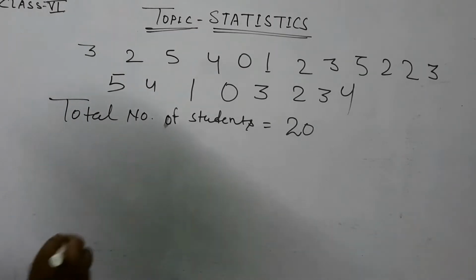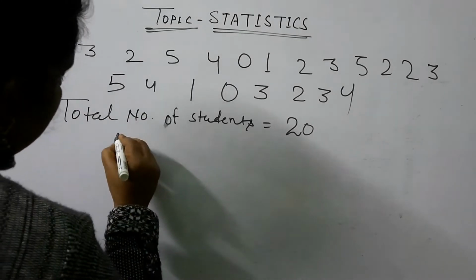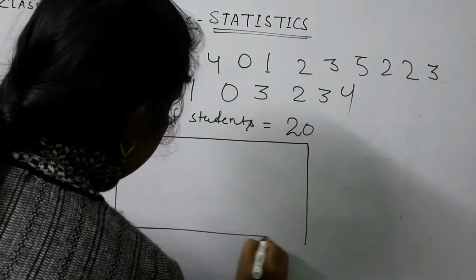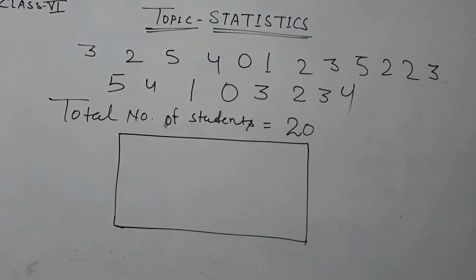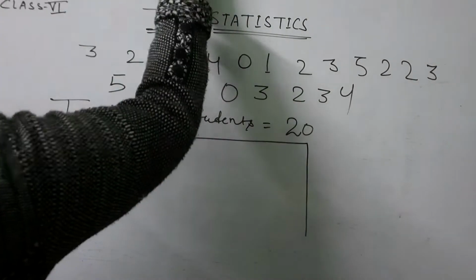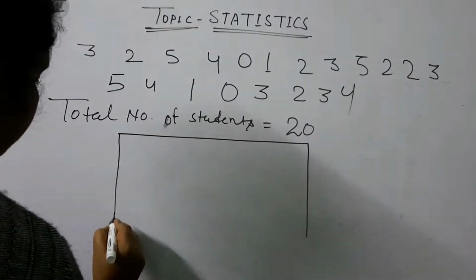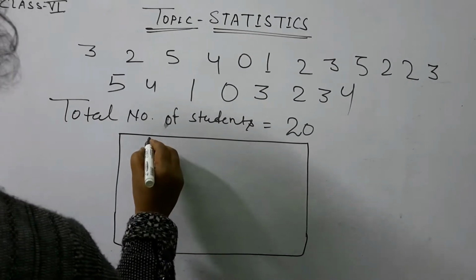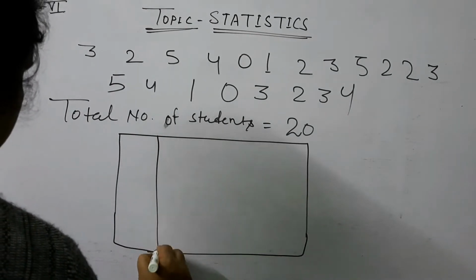We have to make the columns. First we make the columns. See here, these boxes, we made these boxes. Now see, in the first box we write the marks.